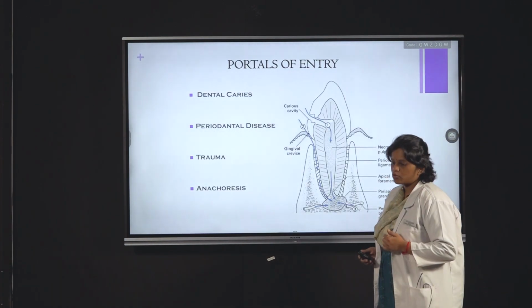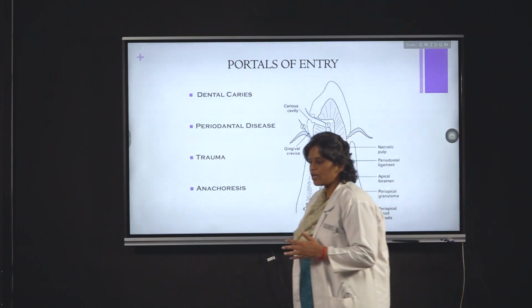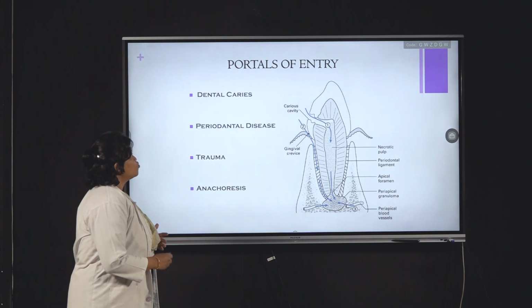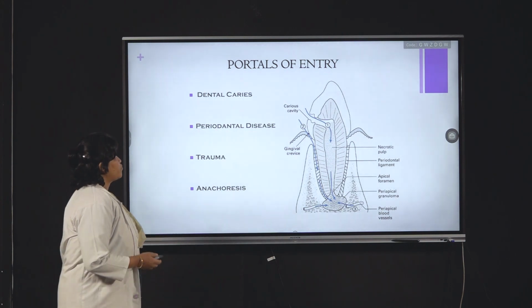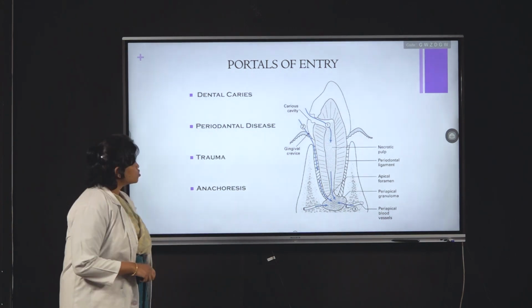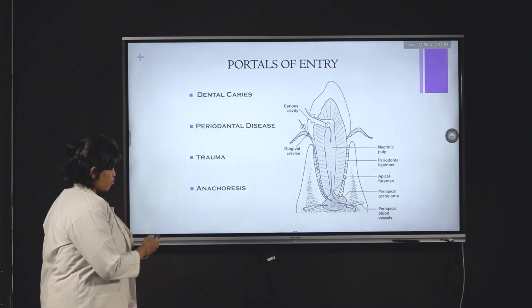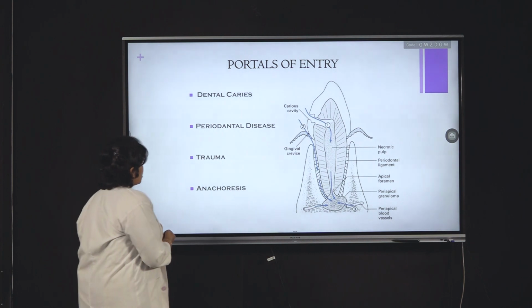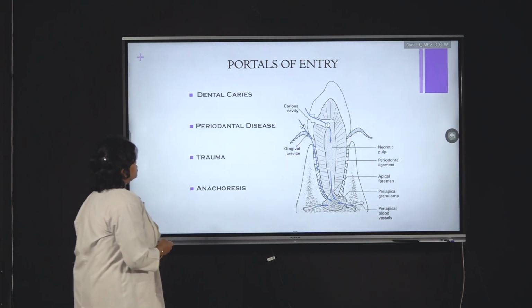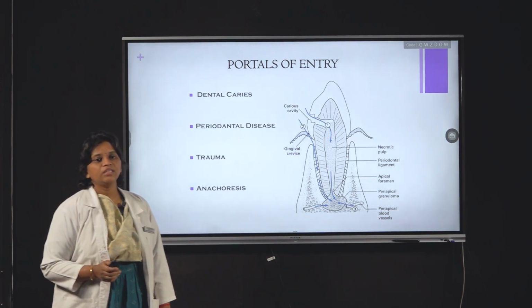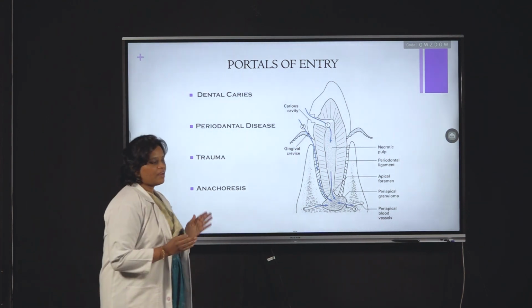Now, the portals of entry: how do the microorganisms enter the tooth structure? The various portals of entry where bacteria enter the tooth are dental caries, the periodontal tissues, trauma, and anachoresis. With dental caries, the dental pulp is encased in a closed cavity surrounded by dentine and enamel.